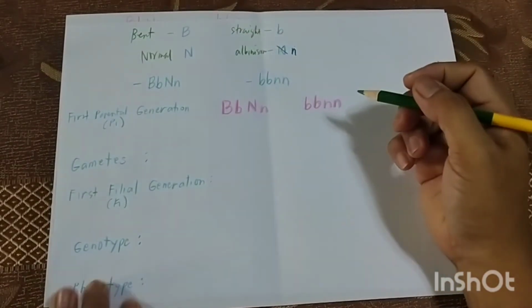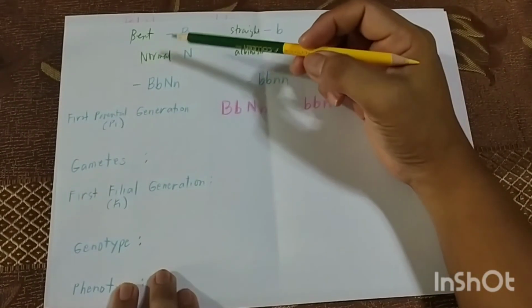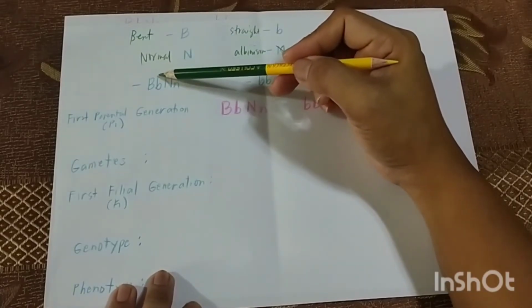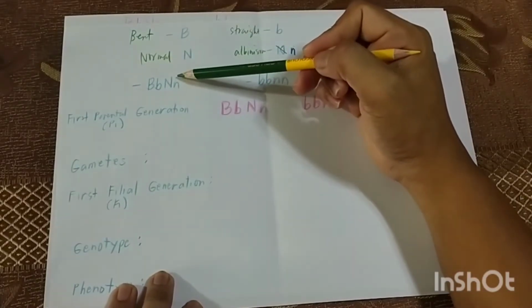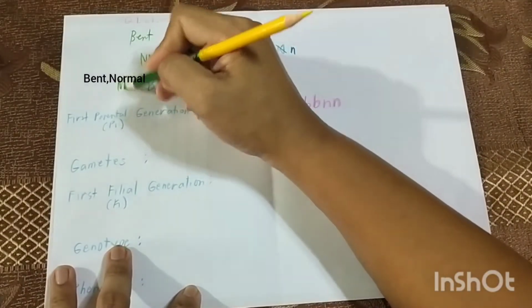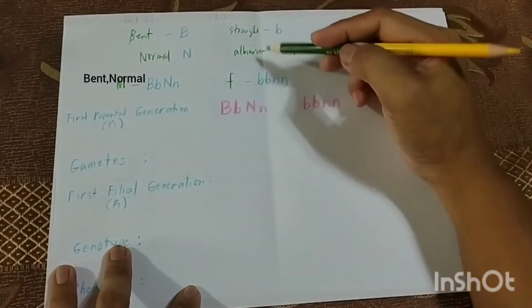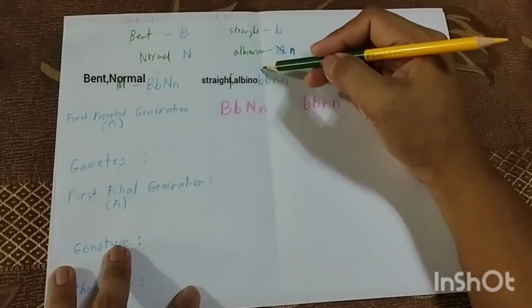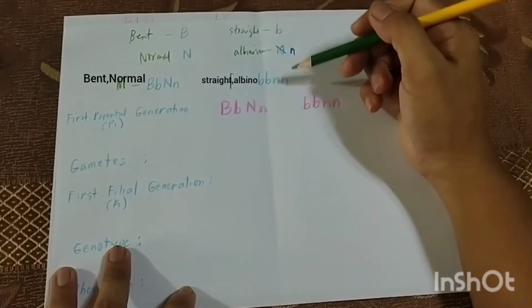Alright, so the parent with the genotype of capital B, small b, capital N, and small n is the mother, while the father has a genotype of small b and small n.